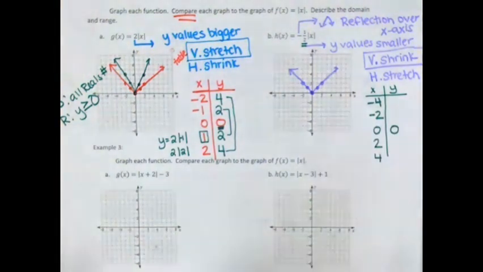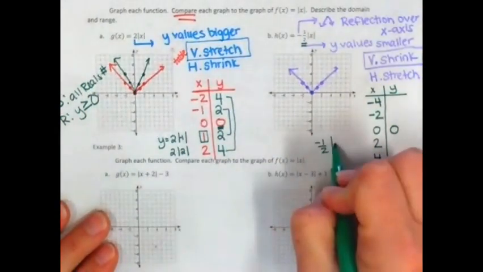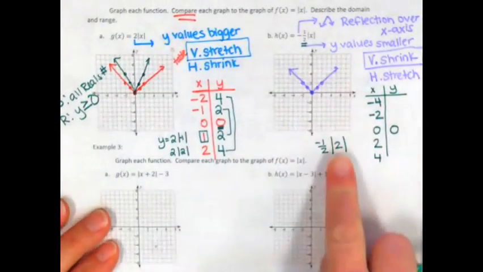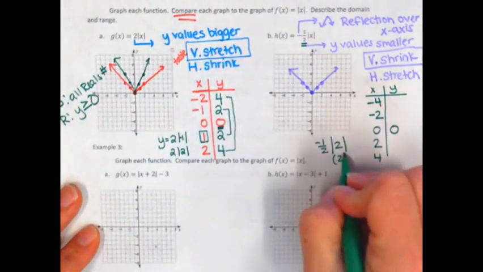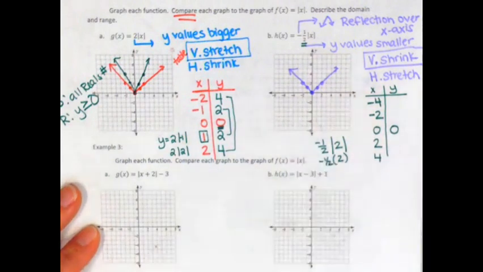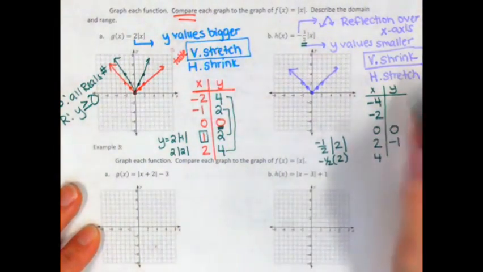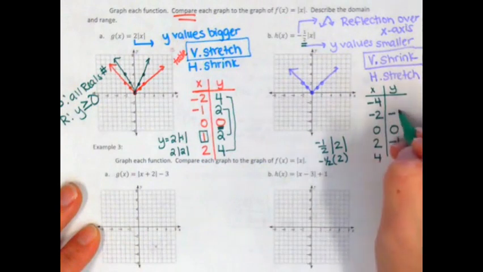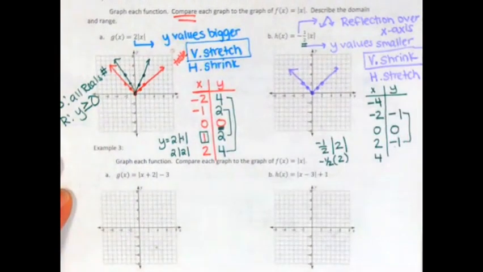Let's plug in 2. So -1/2 times the absolute value of 2. What's the absolute value of 2? 2. And what's 2 times -1/2? -1. So we have (2, -1) and (-2, -1). Aren't these always going to be symmetric? Yes.